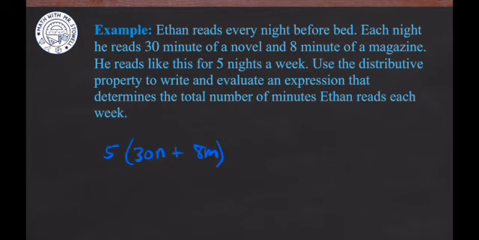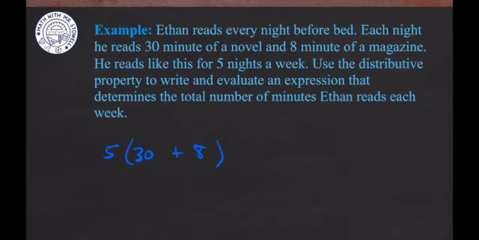And we want to use the distributive property to write and evaluate the expression that determines the total number of minutes Ethan reads each week. By the way, we don't technically need the variables in this one. We can take the n and the m out because that would just be representing the books. Well, he's just reading one book at a time, 30 minutes of one, 8 minutes of the other.